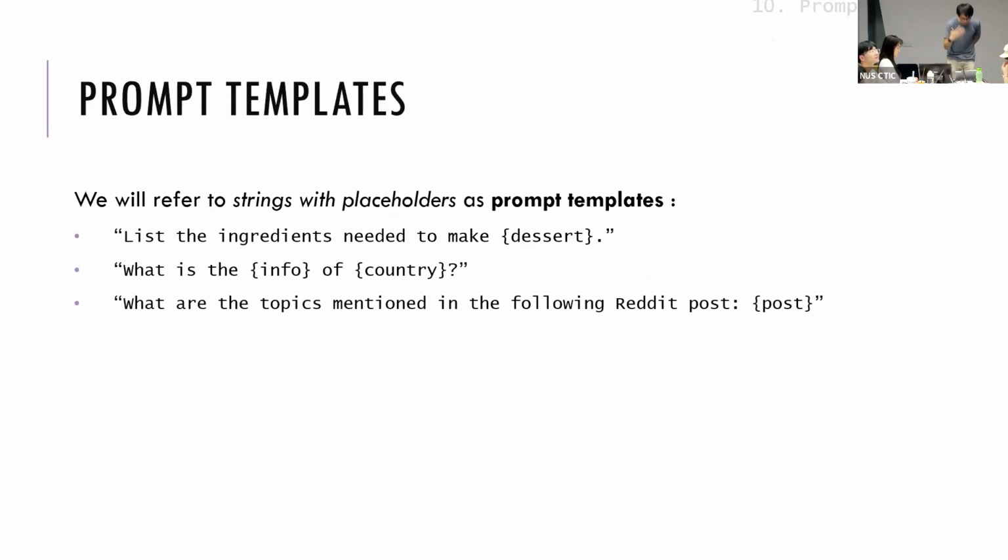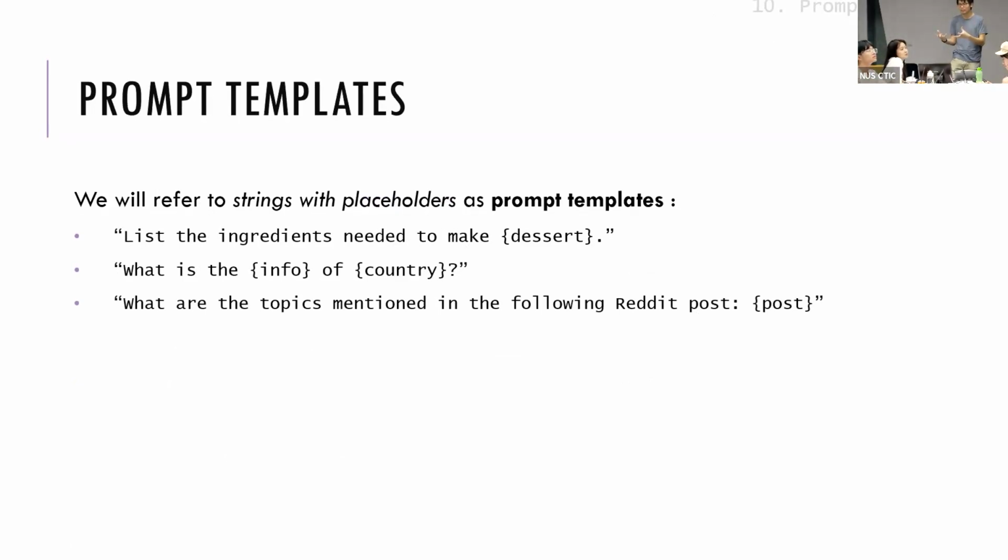So we'll be using glue, and the input to glue will be these kinds of strings. For example, list the ingredients needed to make {dessert}, or what is the {info}, or what is the {country}, or, like I said, what are the topics mentioned in the following Reddit posts, and then you insert the post. Just to establish some terminology, I will refer to these as prompt templates.